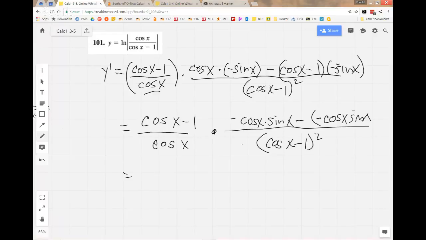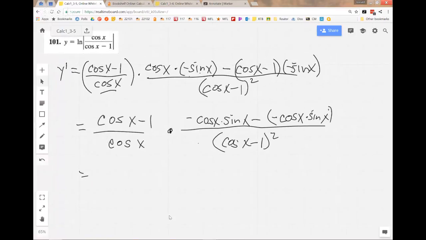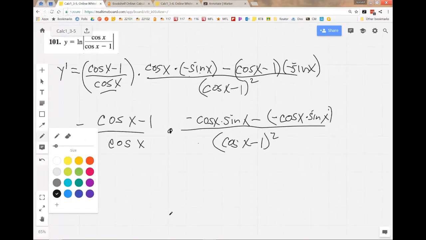And then negative 1 times negative sine is plus sine. Oh, I got some sloppiness here. Hang on a minute. I can't write quite as quick as I want to. So I've got to move this over again. So now, when we take negative 1 times negative sine, you get plus sine x.